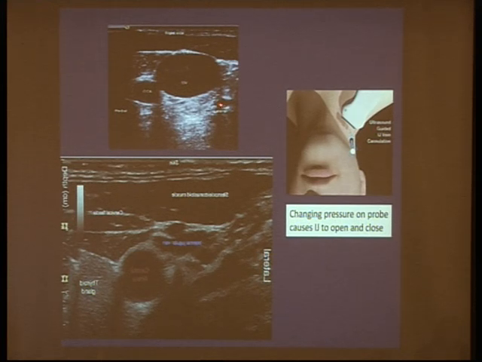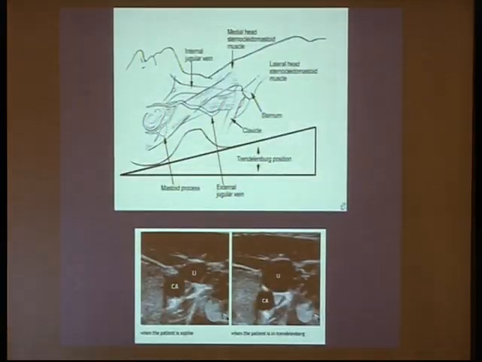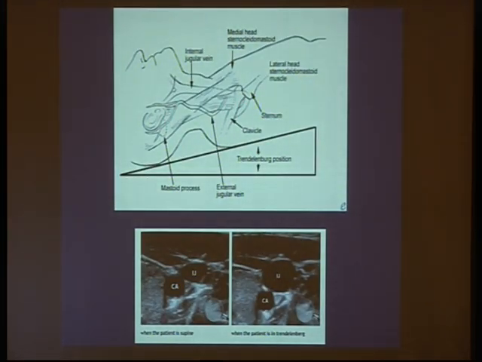Again, this is the vein and this is the artery, and after pressure, the vein will be compressed, while the artery will continue to be a circle. As I have just mentioned, Trendelenburg position will make the vein more engorged.